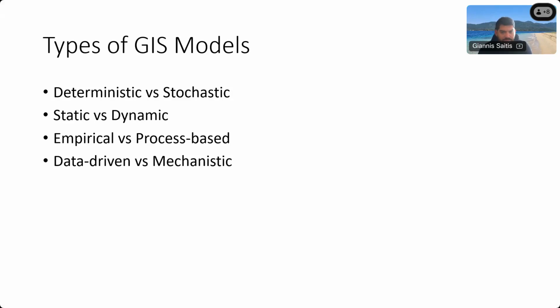Data driven. Sometimes these kinds of models are a little bit confused with the previous one. So this model is, let's say, produced from the previous analysis, from the empirical one.